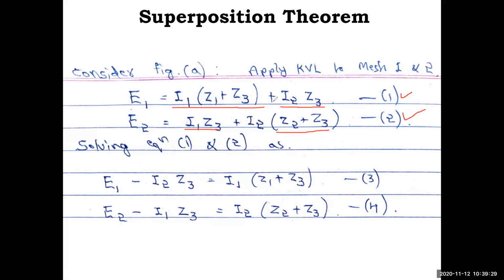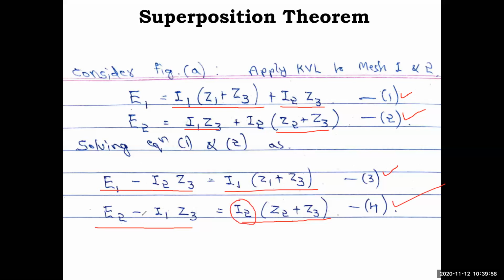From the first equation, I take the I2 term to the left side: E1 minus I2 Z3 is equal to I1 Z1 plus Z3. Then I take I1 Z3 to that side: E2 minus I1 Z3 is equal to I2 Z2 plus Z3. Now we'll focus on equation 3 or equation 4. From equation 4, we'll try to write I2.